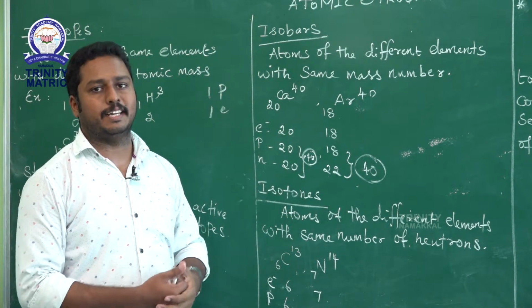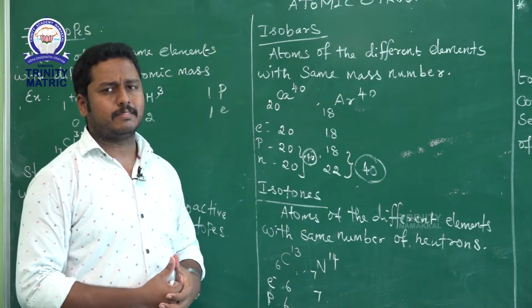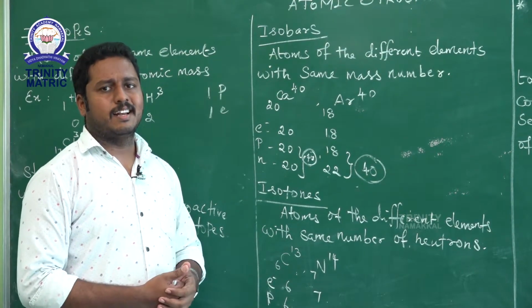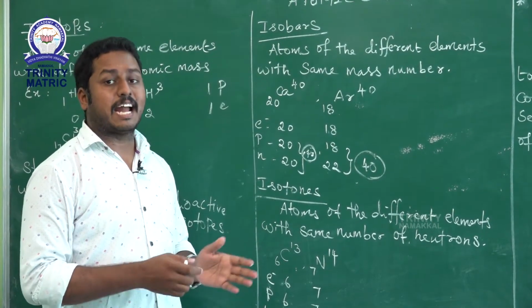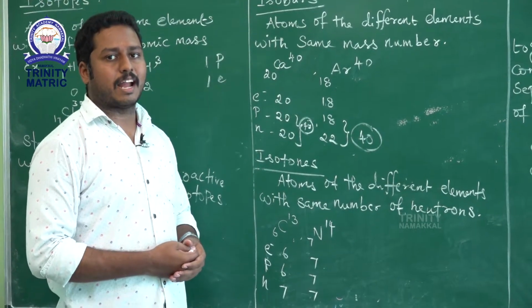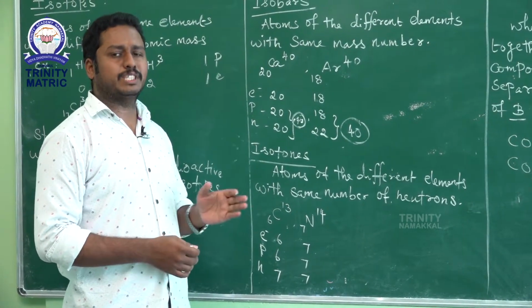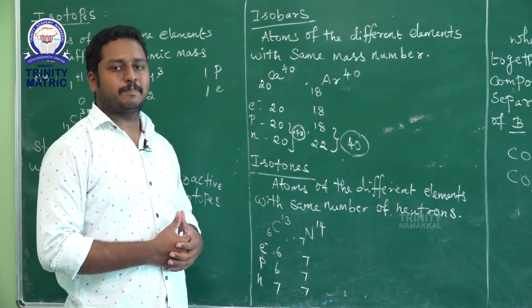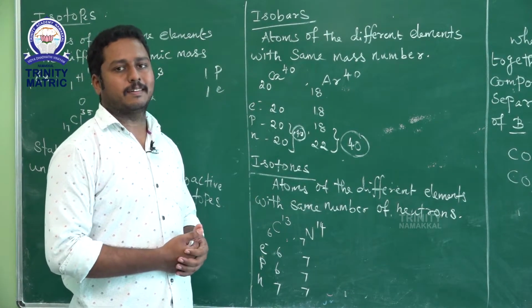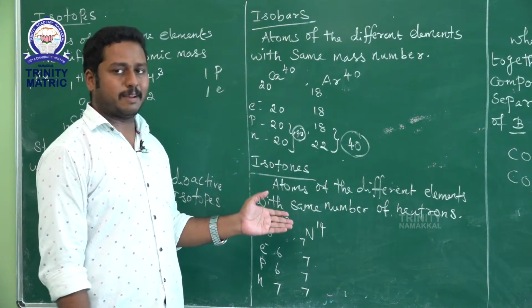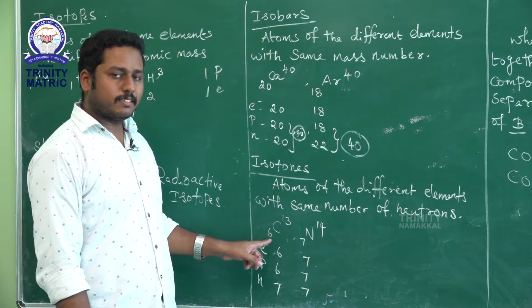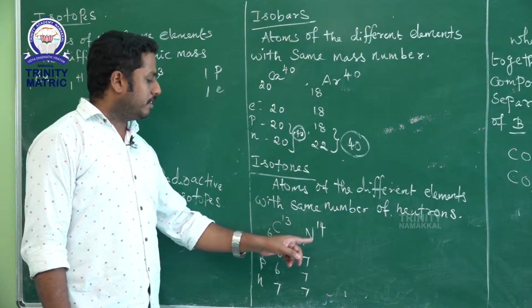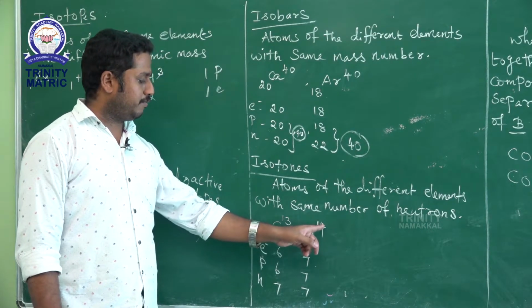The third category is isotones. These are atoms of different elements which have different atomic numbers and different mass numbers. On which basis are they similar? Just observe the example: carbon-13 (atomic number 6) and nitrogen-14 (atomic number 7).